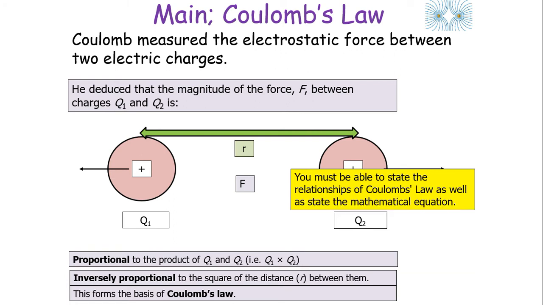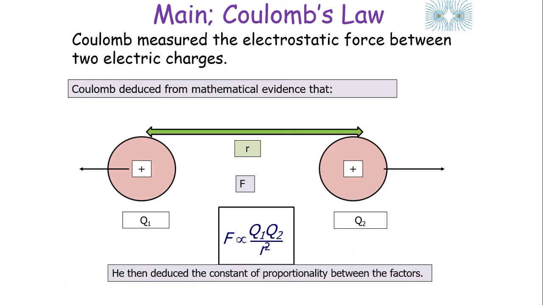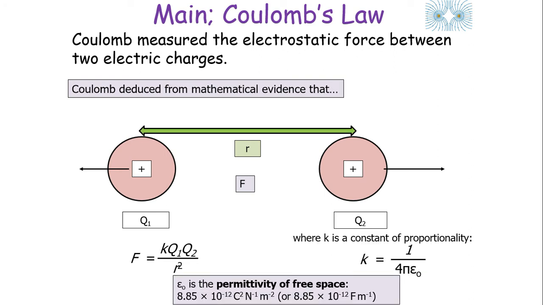Now, you've got to be able to state the relationship of Coulomb's law as well as the mathematical equation. So our mathematical equation is F is directly proportional to Q1 times Q2, the product of the charges, divided by r squared, the square of the separation between those two charges. But if it's directly proportional, there must be a constant in there. And the constant is linked to what we call the permittivity of free space.